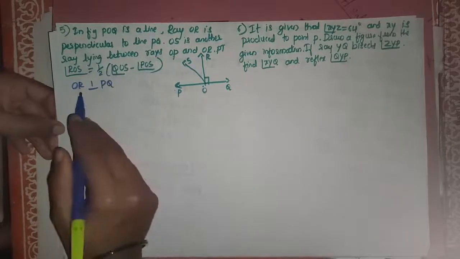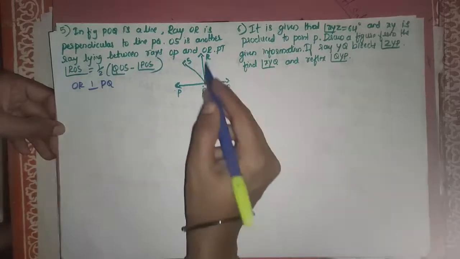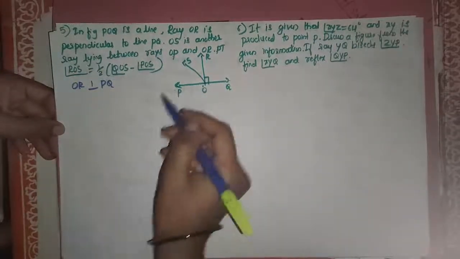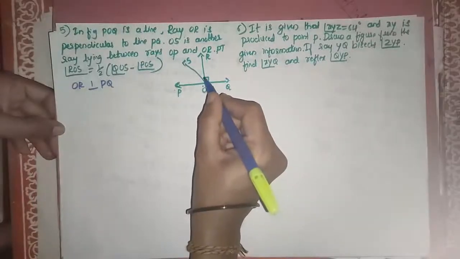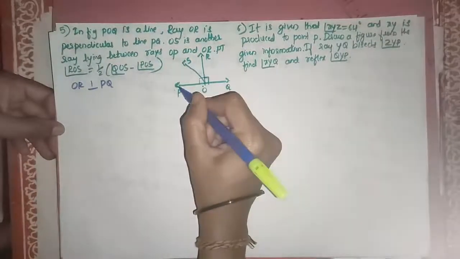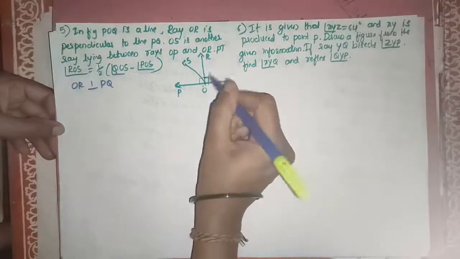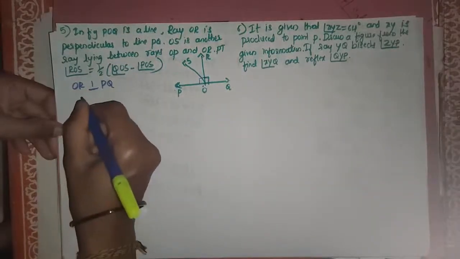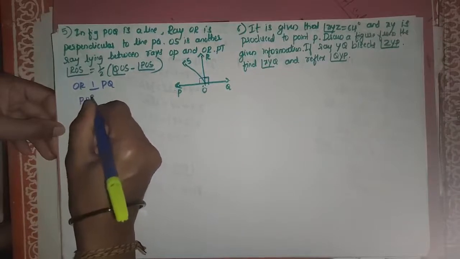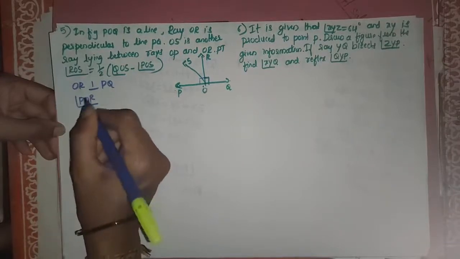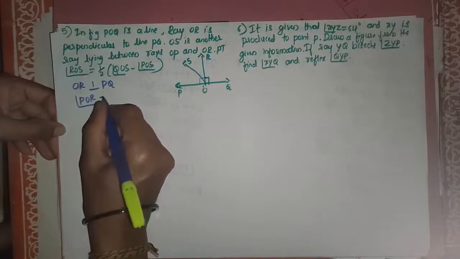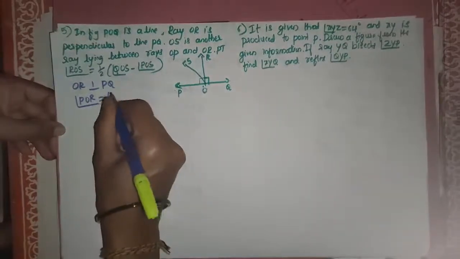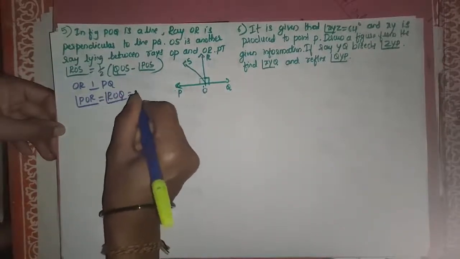So here first they have given OR is perpendicular to PQ. If perpendicular, these two are 90. That is POR and ROQ are equal to 90 degree.